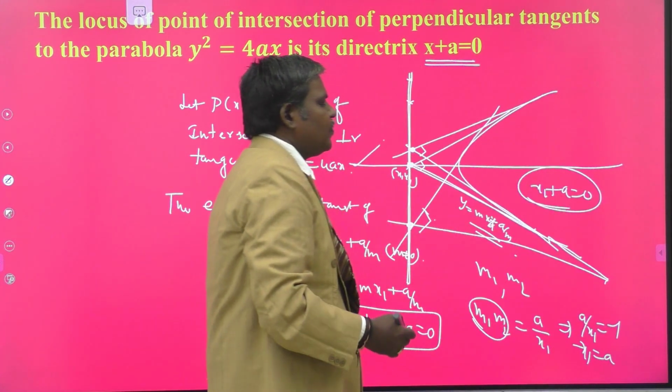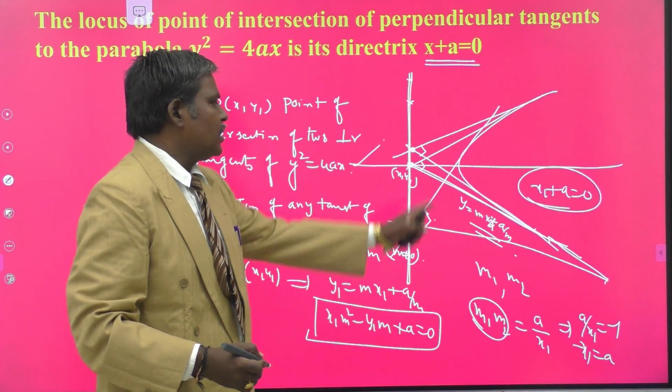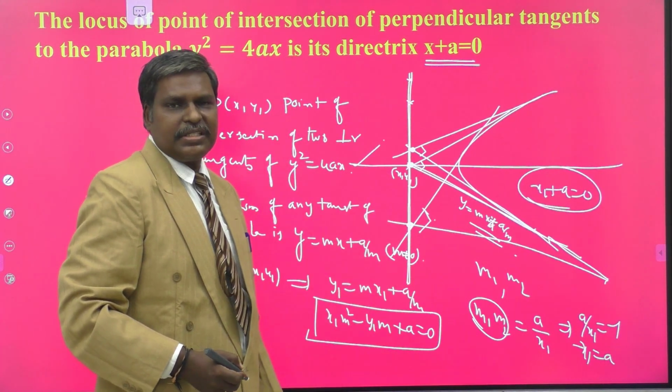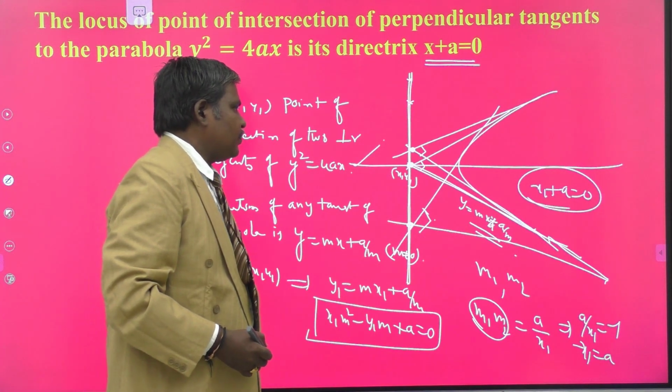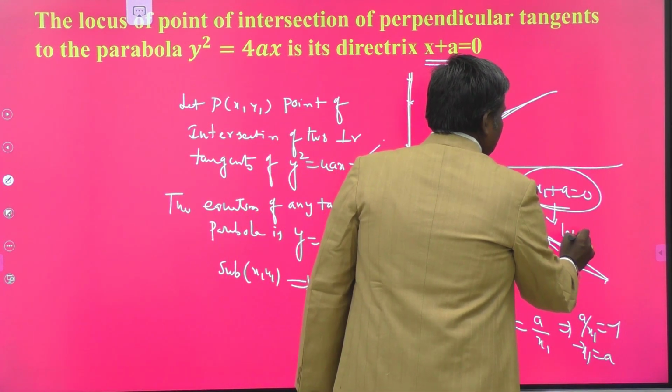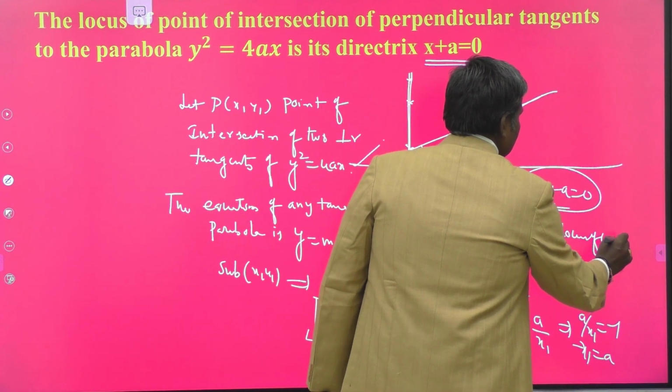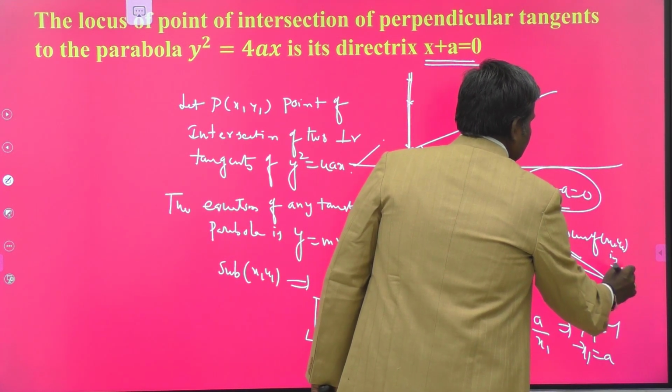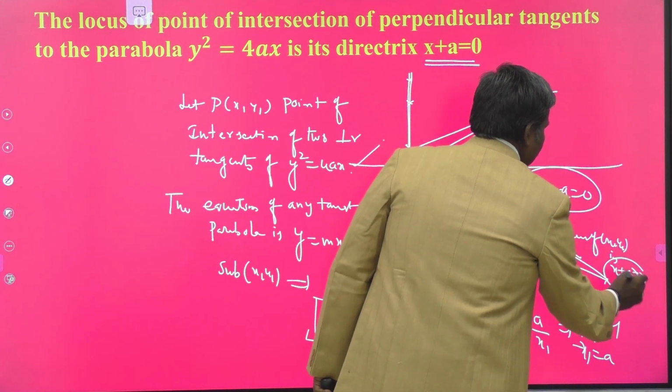What is the locus of (x1, y1)? The locus of (x1, y1) is x + a = 0. That means it is the directrix of the parabola y² = 4ax.